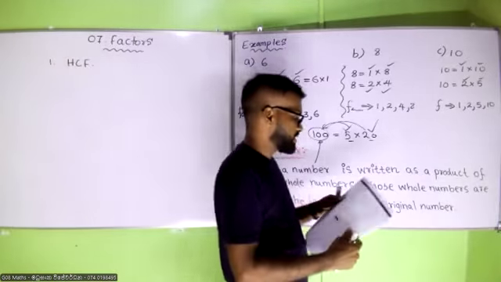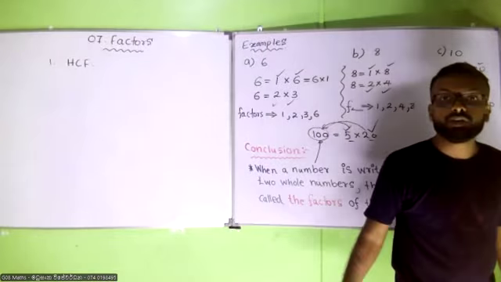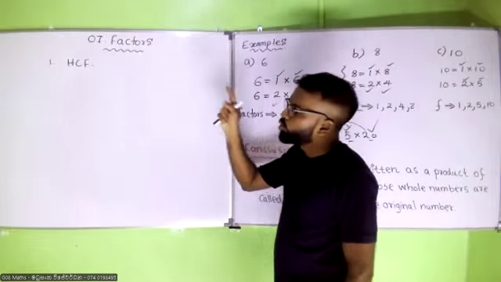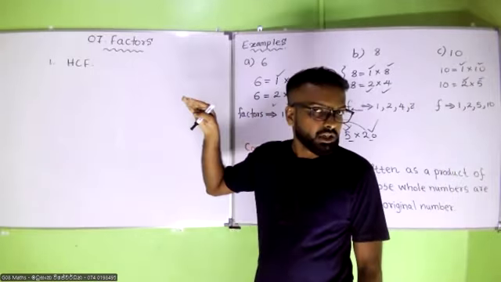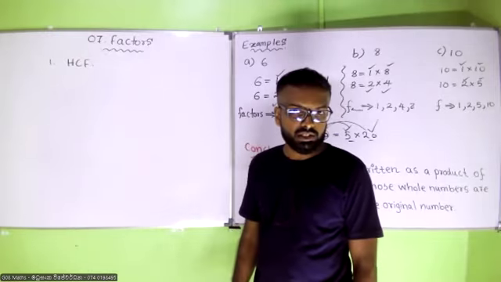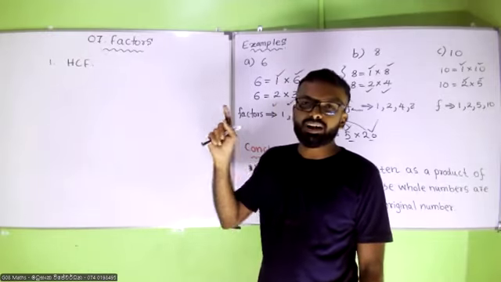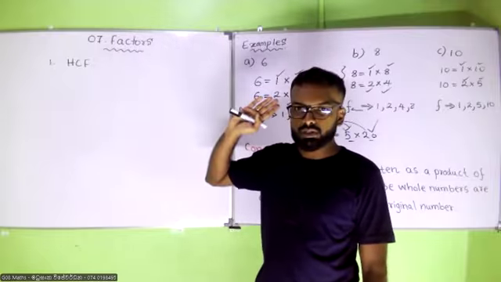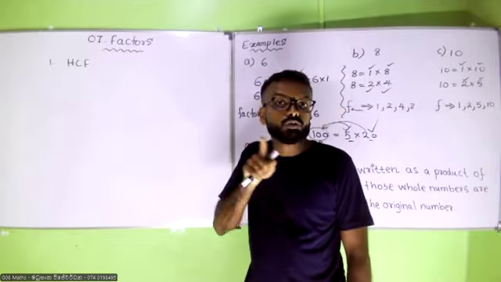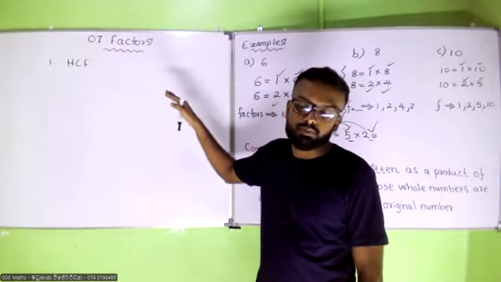Highest common factor, HCF. First of all, we are going to discuss how to find the highest common factor. There is a particular method to find the highest common factor. So we are going to write it by step 1, step 2, step 3 and step 4. Then we are going to do some questions by using those steps.